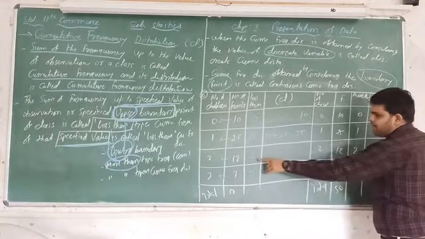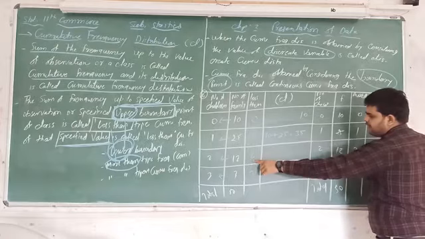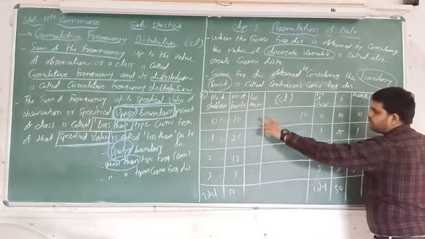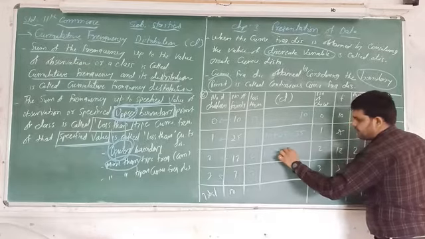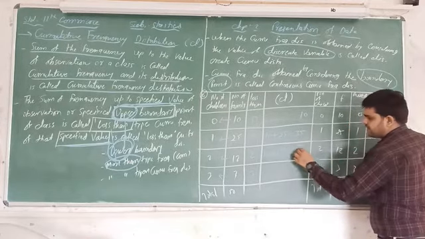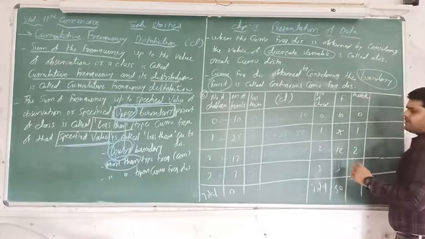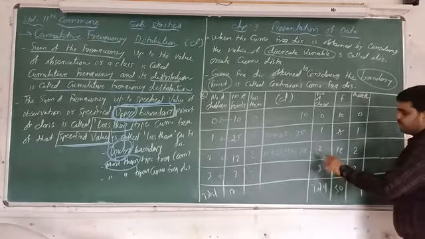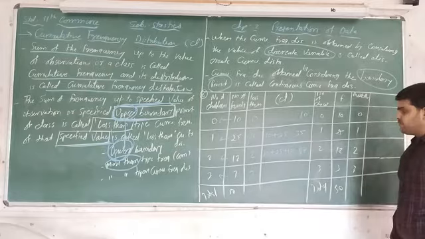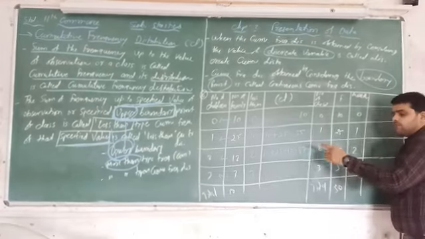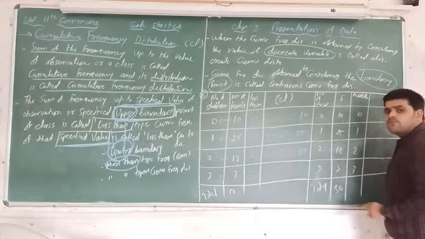Same as, how many families are there those who have 2 or less than 2 children? So here 10, 25 plus 12, it's 47. So 47 families are there, those who have 2 or less than 2 children.